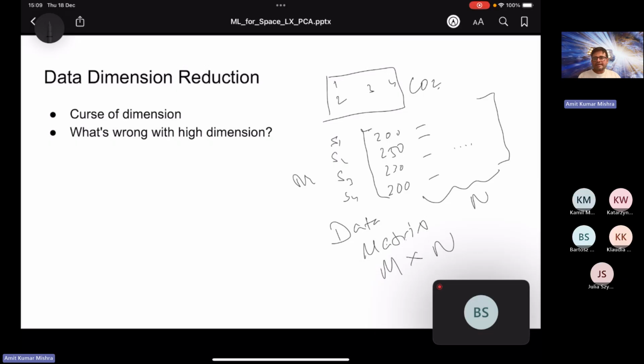And the more data you collect, it just increases the N, the size of the data matrix. So the data matrix has got 2 parts. One is M, which is fixed based on the measurement campaign. The other one is N, that depends on how much data you are collecting. Now you have got M dimensions, and then you have got N data, and you can collect hundreds and hundreds of data points, and that's all fine.